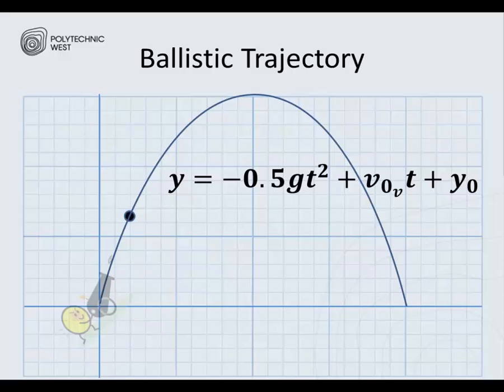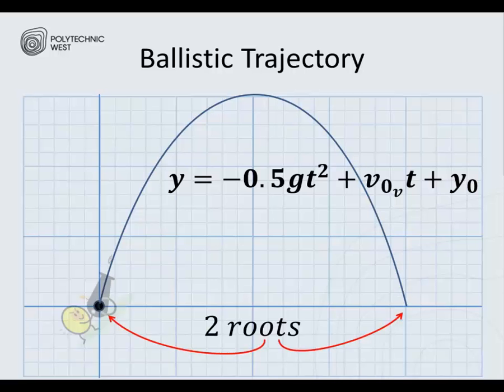And if you know exactly how long the cannonball is in the air, then you know where it's going to land. This has of course got two roots. The first place where it touched the ground was where we fired it, and the second place where it touches the ground is the unfortunate thing it's going to land on.